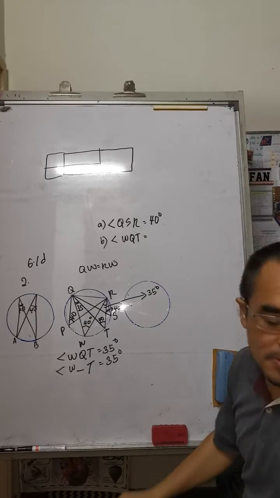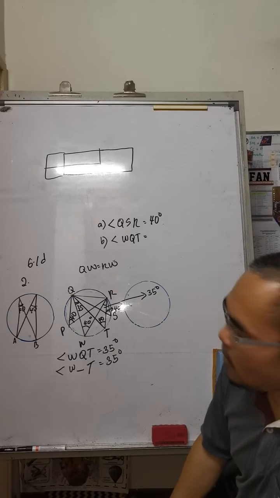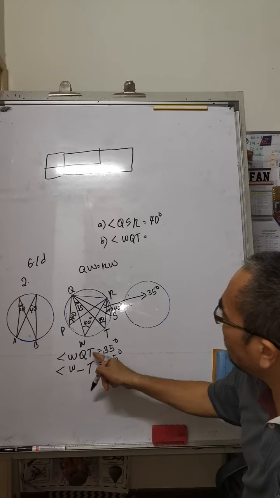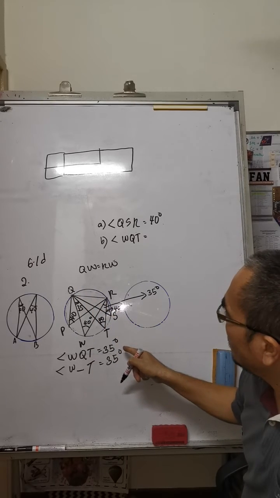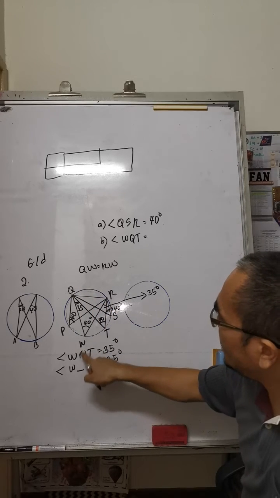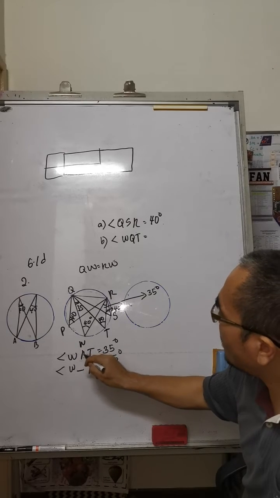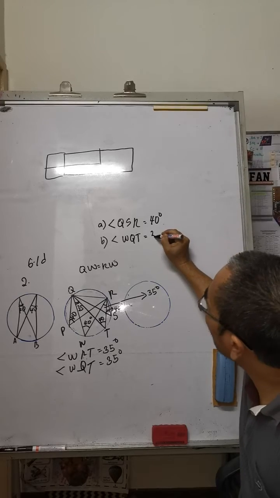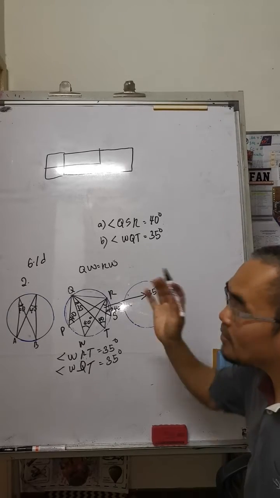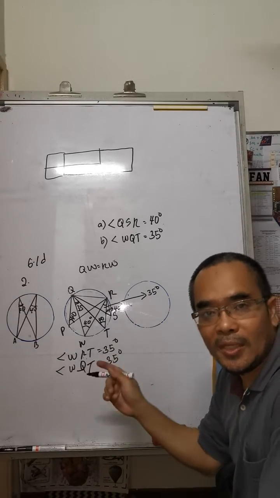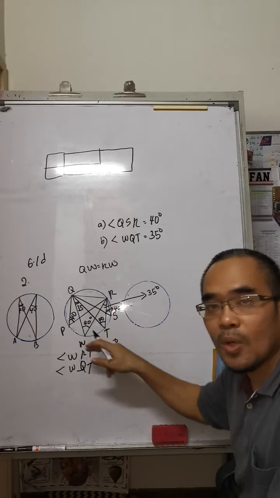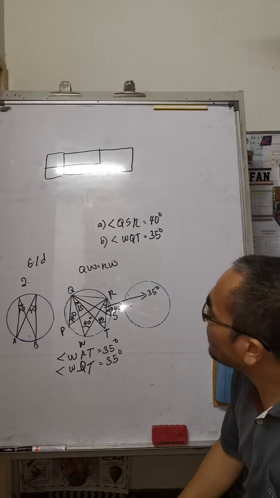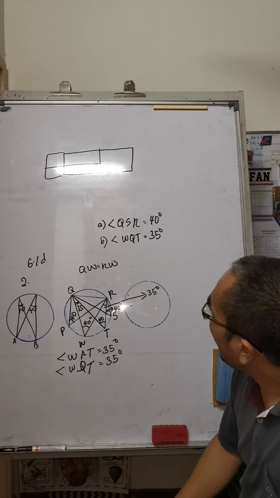Oh, actually just now this is WRT, this is WQT. So this is also given, basically given by us doing whatever that we know, or sketch whatsoever inside here, so we can find the value.